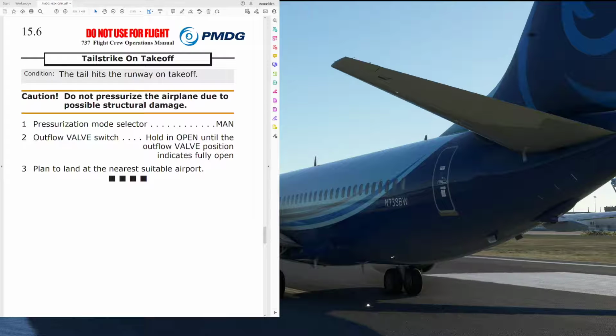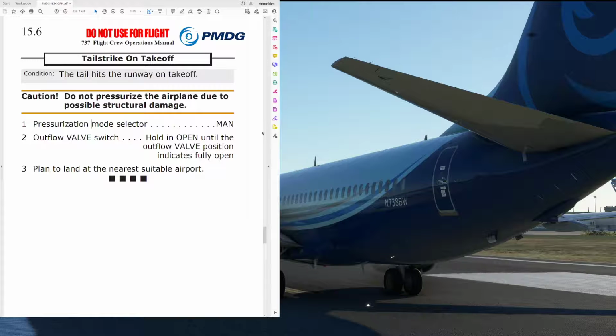That means that by the time the information about a tailstrike reaches the flight crew, chances are very good that we will actually have passed above flight level 100 already. And with the aircraft being above flight level 100, if we follow the consecutive steps of the tailstrike on takeoff checklist, namely pressurization mode select into manual, then outflow valve switch hold and open until the outflow valve position indicates fully open, and finally plan to land at the nearest suitable airport.